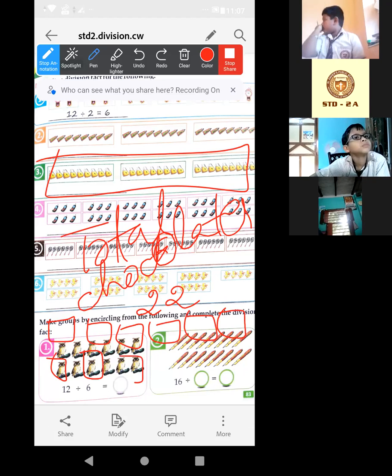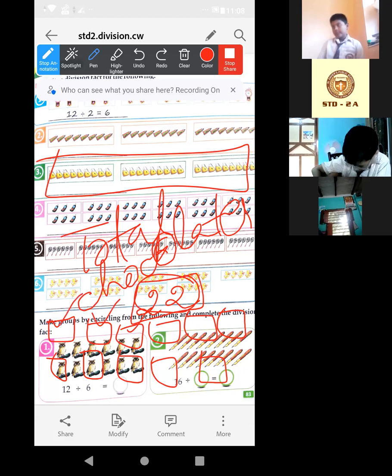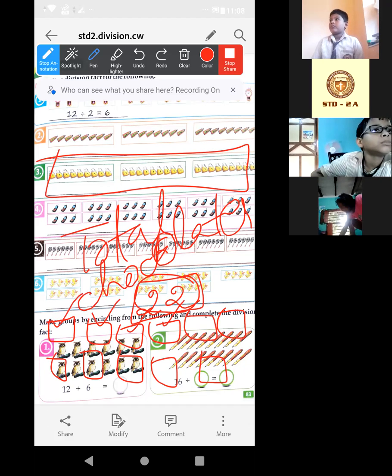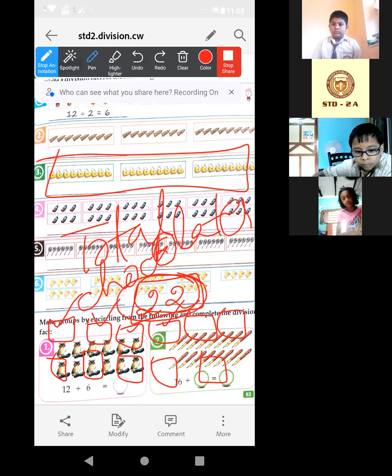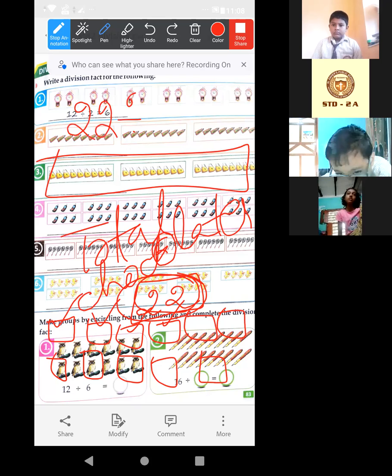Then how to find out this answer? Basically we have to divide these 22 into these 11 groups and equal distribution will be there. So if we want to distribute these 22 chocolates equally, then 22 divided by, in how many groups are we dividing?